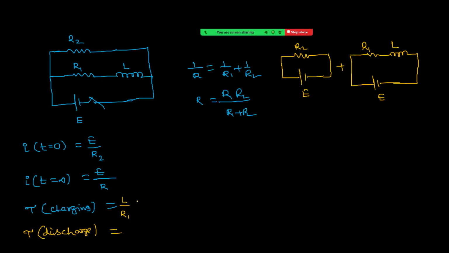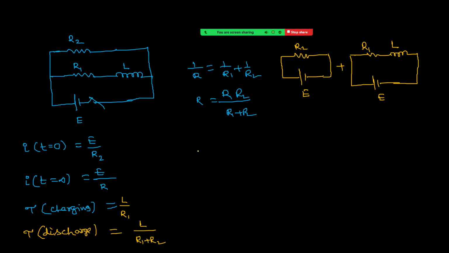That's why the time constant is now L by R1 plus R2, because both R1 and R2 are involved. That is the time constant for the discharging circuit. And next it is asking: find the current through the inductor after one time constant.